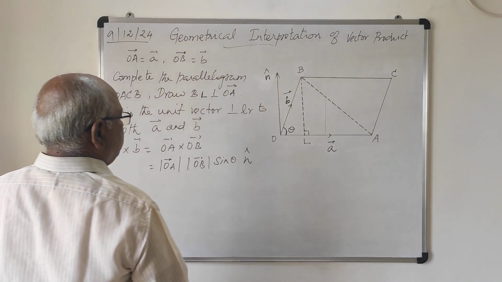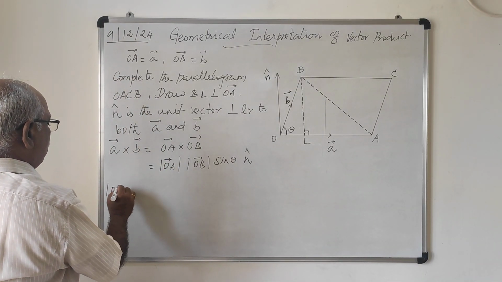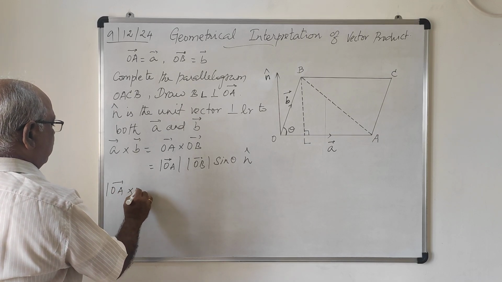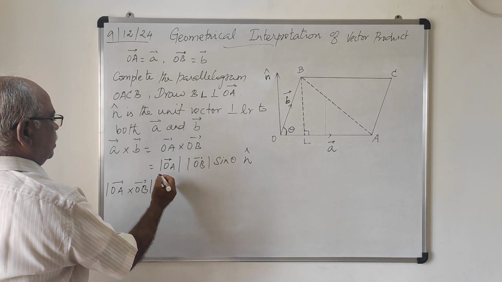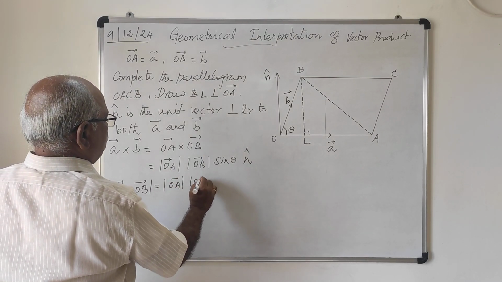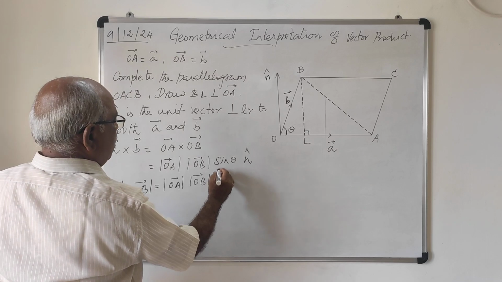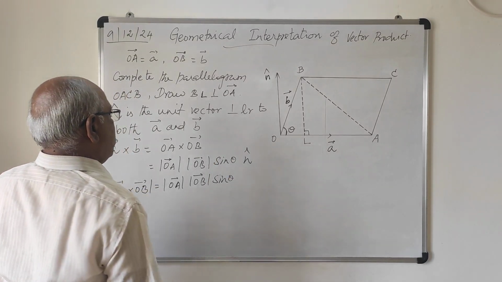Now, what is the modulus of OA cross OB? Mod of OA is again modulus of OA and mod of OB is modulus of OB. Modulus of sin theta is sin theta and modulus of n cap is 1.